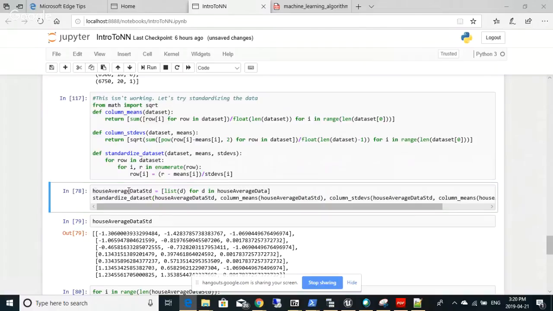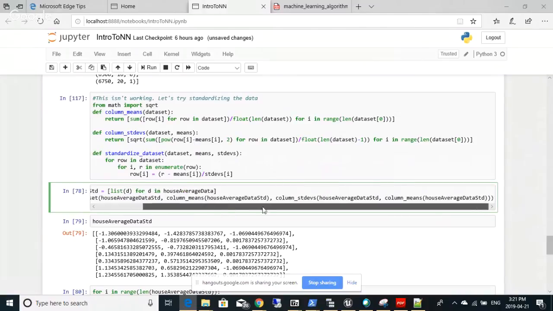Okay, so I took the average housing data and made them lists, because this doesn't really give you back another result. It just modifies in place, and you can't modify tuples, which is what I had originally treated them as.